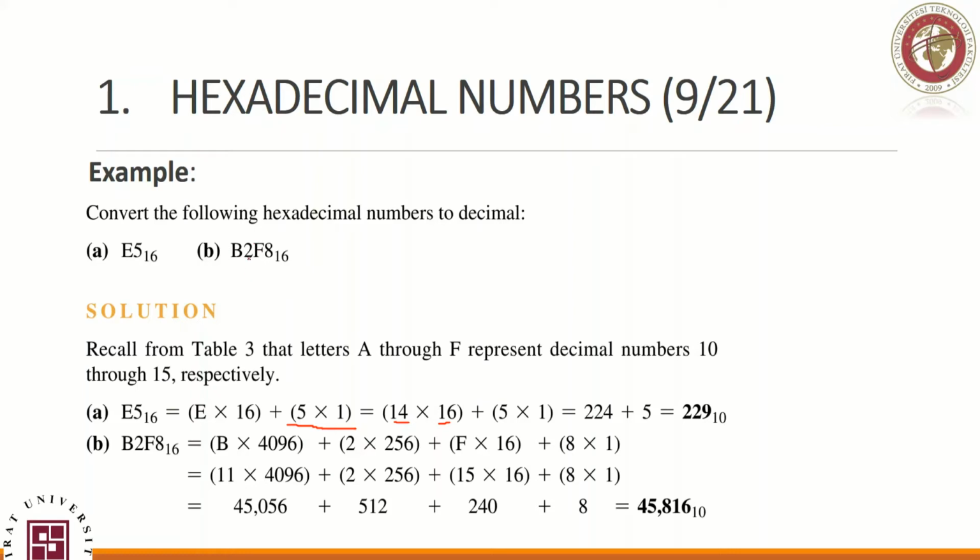This is 11 times 16 to power 3, 2 times 16 to power 2, 15 times 16 to power 1, 8 times 16 to power 0. Sum them up, and that's it.